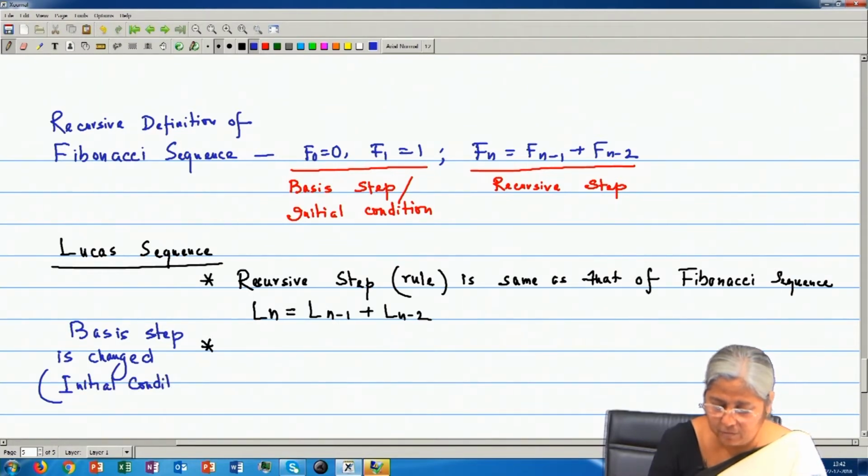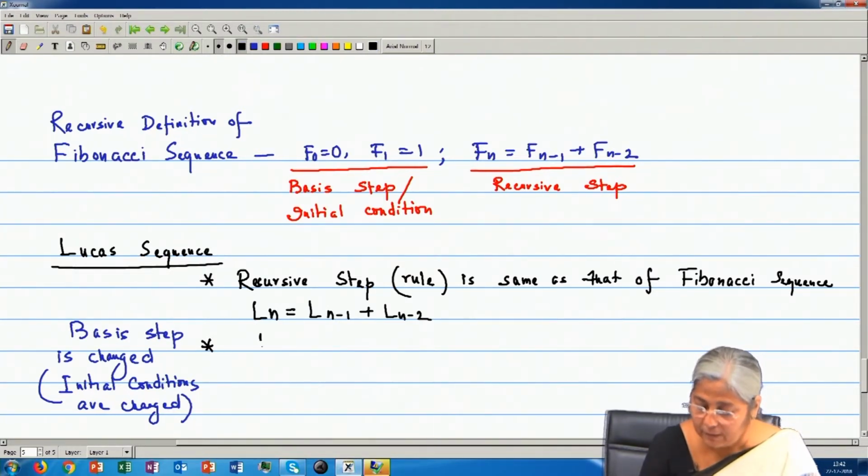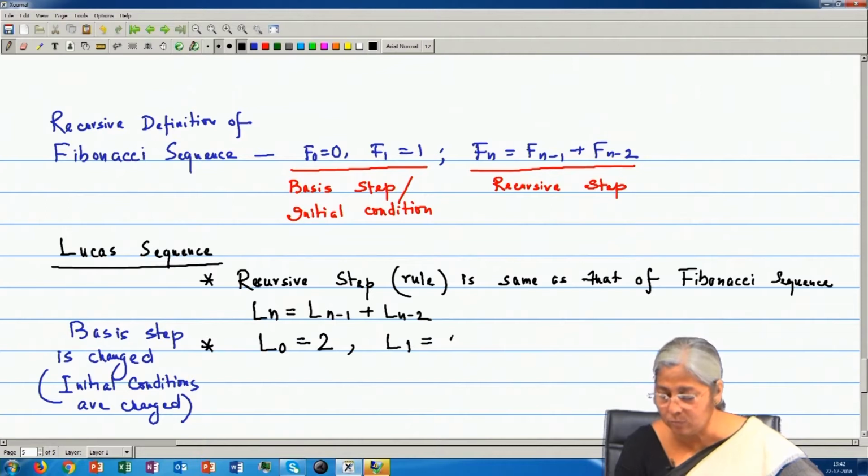The initial conditions are L 0 equal to 2 and L 1 is same as that of Fibonacci, 1.